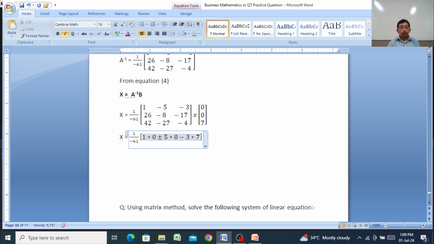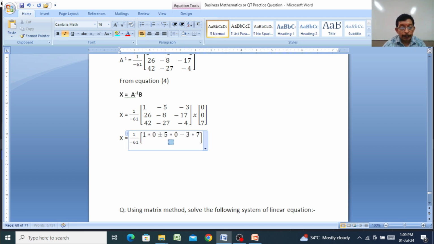This is the first row first column multiplication complete. There is no more column in the matrix B. Now we come to the second row and start the second row first column multiplication. 26 multiplied by 0, then minus 8 multiplied by 0, then the last value of the second row, minus 17, is multiplied by 7. Now no more column in the matrix B.